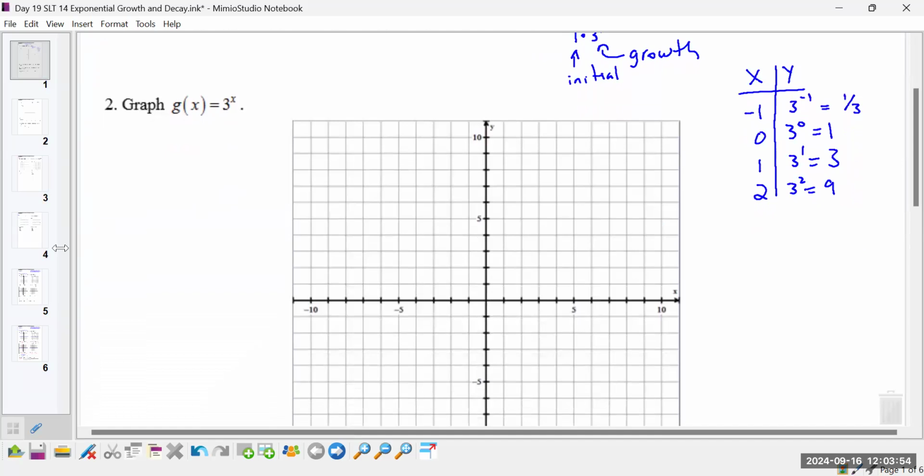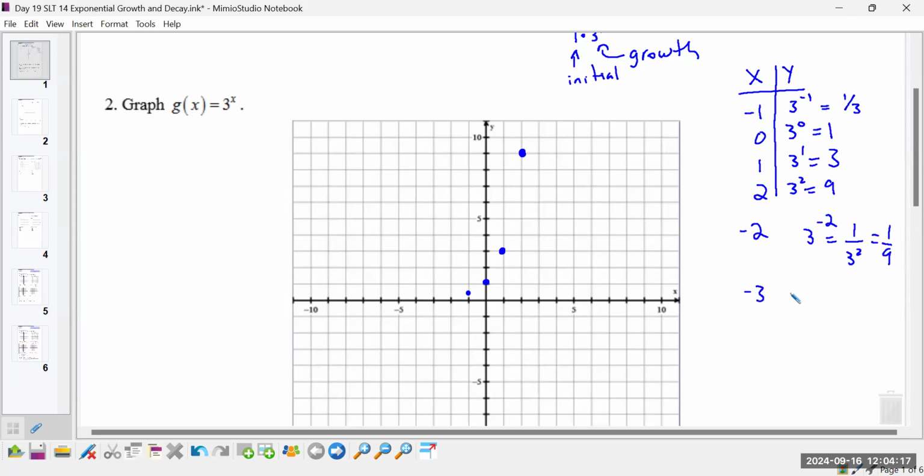So I have (0, 1), (1, 3), (2, 9), and then I'm going to go with (-1, 1/3) here. Now, if I were to add more negative numbers to my table, like let's say I evaluated -2, 3 to the -2 power would be 1 over 3 squared, or 1/9.